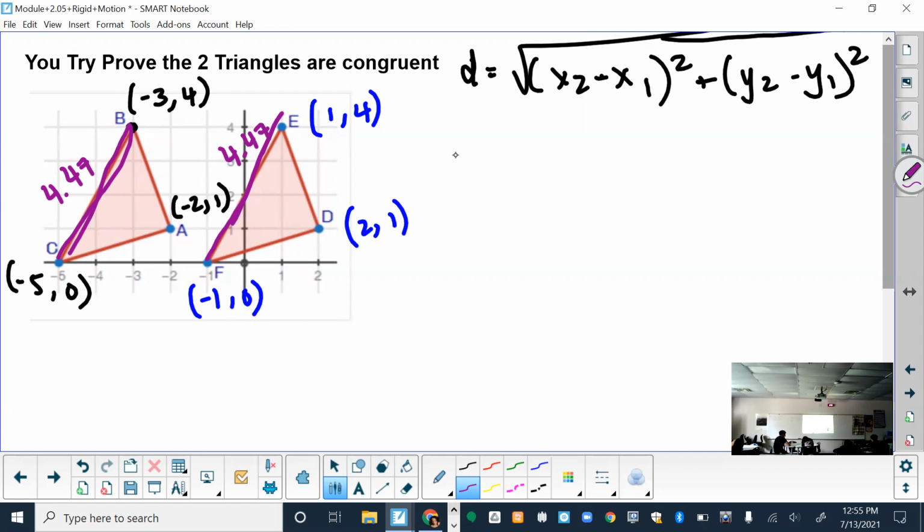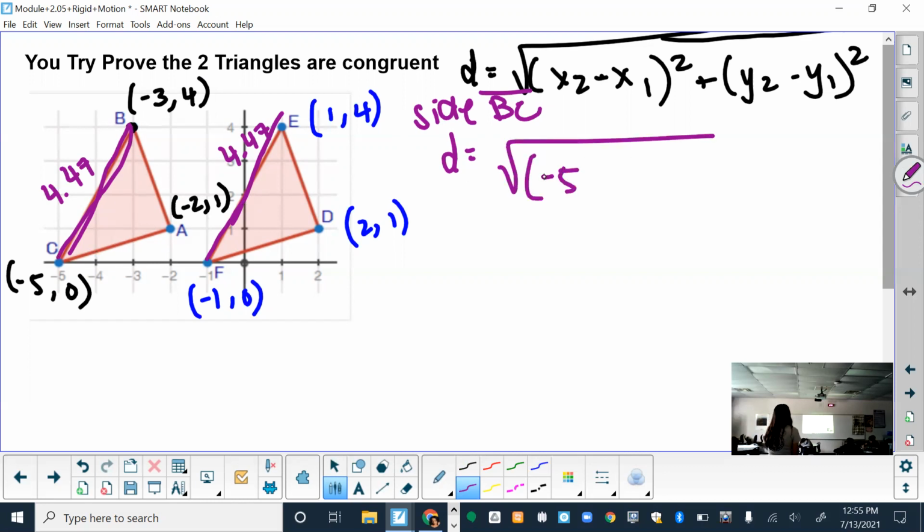All right, for those sides, just to show you what that looks like, let's say we're doing side BC. Plugging it into the formula, we have -5 minus -3 squared. Right, x minus x, and then y minus y, so 0 minus 4 squared.